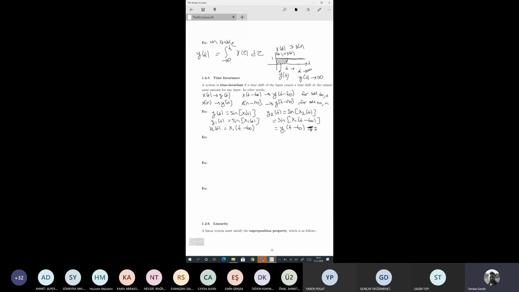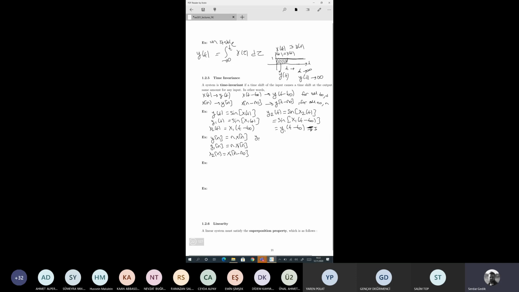As another example, let's say I have y of n, which is equal to n times x of n. The procedure is the same. I define y1 of n, which is n times x1 of n. Then I define x2 of n, which is x1 of n minus n0, so I shift the inputs by n0 to find x2.